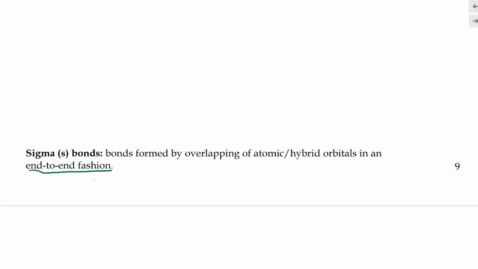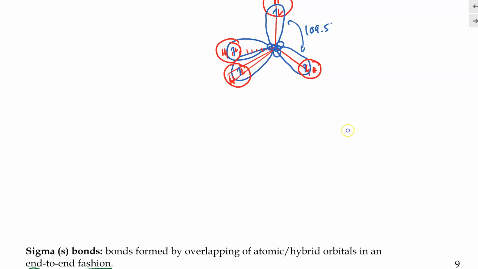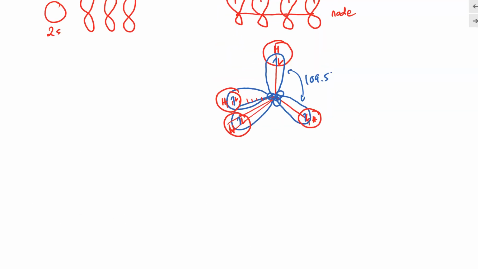So basically the end of one orbital is overlapping with the end of another orbital, and if that is the case, that bond will be referred to as a sigma bond. Here, the end of this sp3 orbital is overlapping with the end of this orbital right here. Therefore the bond produced between these 2 atoms will be a sigma bond.